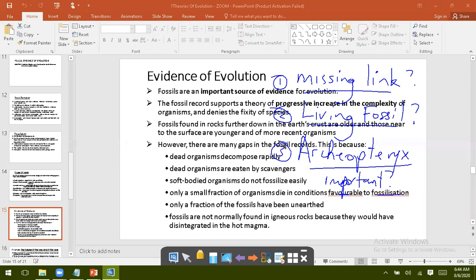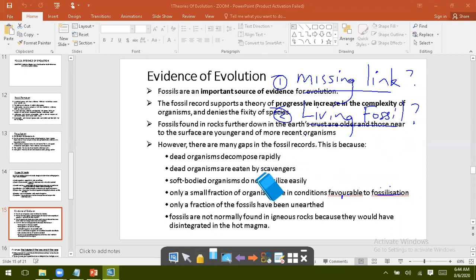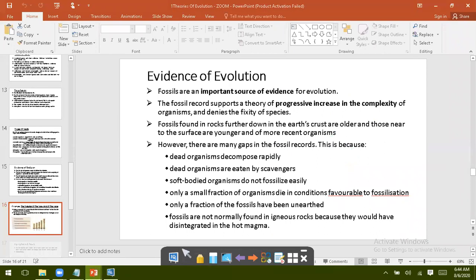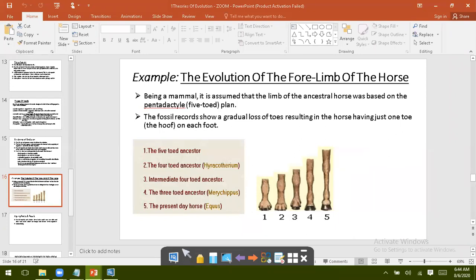All right, so we can find the age of fossils by the layer in which they occur. We can also find from the fossil evidence the changes that have taken place over time in terms of the evolution of an organism. And so let's have a look at this as an example. The forelimb of a horse.